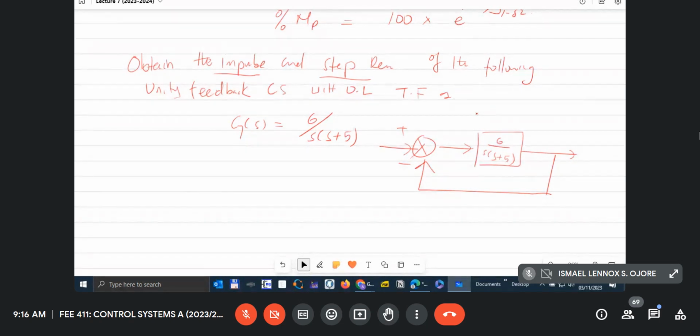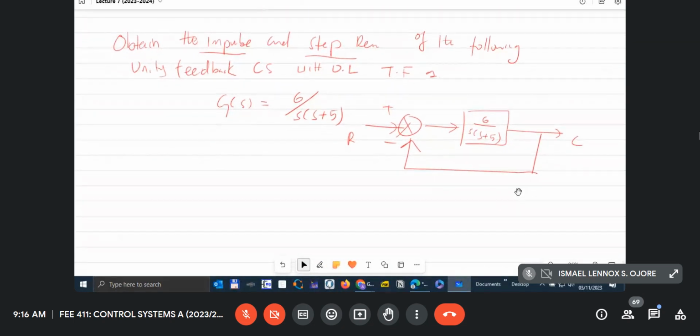So if the question just states unity feedback, then you know that is negative feedback, unless it is stated that it is positive feedback.